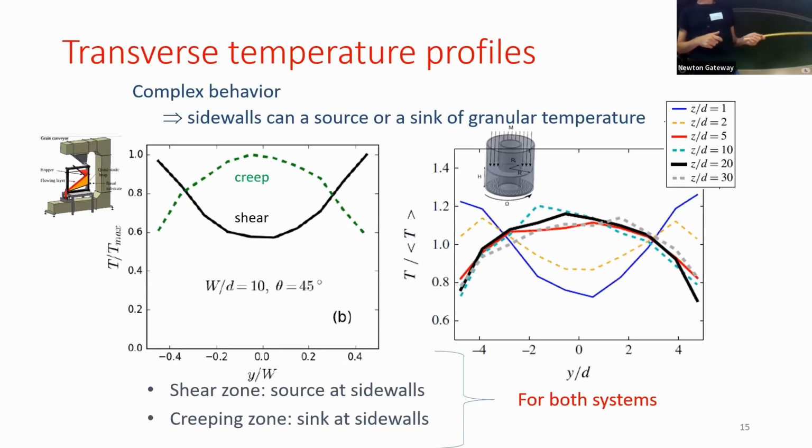So in the creeping zone in both systems, the temperature is minimum at the center, and it is the opposite in the shearing zone. Such properties are common to both systems.